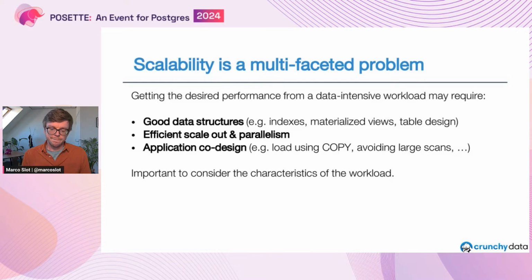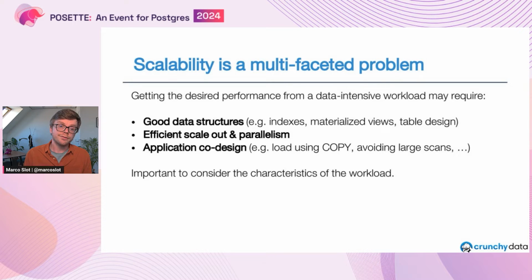To deal with this, one thing we should always do is tuning, but it doesn't always help as much as we'd like. The really important thing to do is in the design of the application and the database, because we need really good data structures. We need to use the right indexes, materialized views, good table design. Another thing we might need to do is take good advantage of parallelism or scale out using multiple machines.